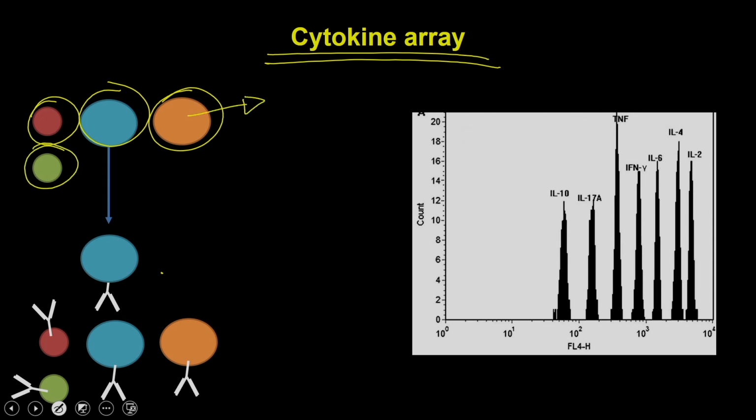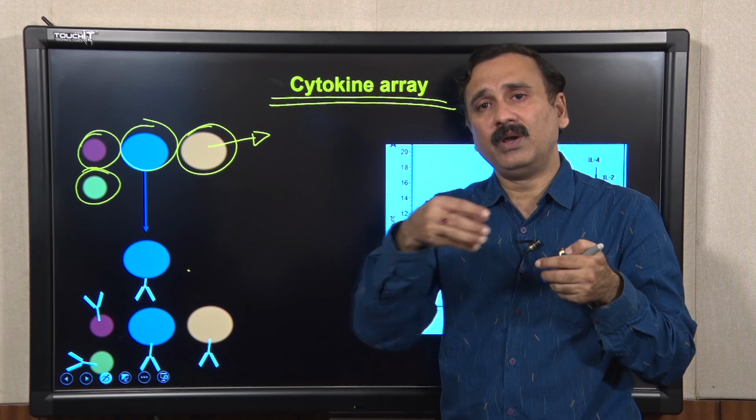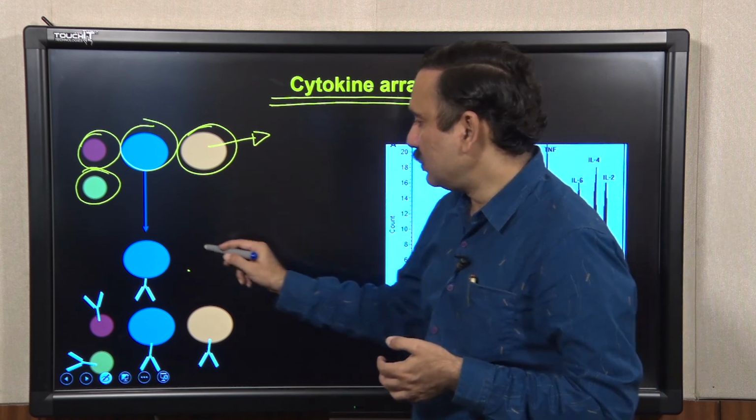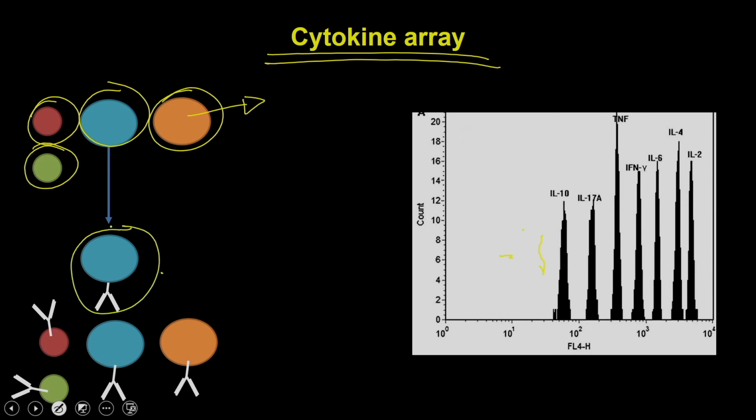Mostly these beads are quantum dots of different sizes. So, you can have 1 nanometer, 10 nanometer, 100 nanometer, all those kinds of sizes of quantum dots, which are going to give you different types of fluorescence. Now, you tag these beads with antibodies, and these antibodies are going to be specific for a particular type of cytokine. You develop all these beads and then mix them.